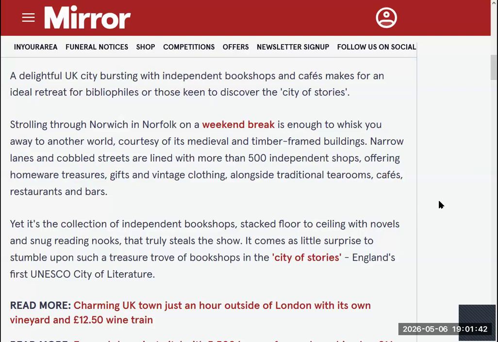Narrow lanes and cobbled streets are lined with more than 50,000 independent shops offering contemporary treasures, gifts, and vintage clothes alongside traditional tea rooms, cafes, restaurants, and bars.